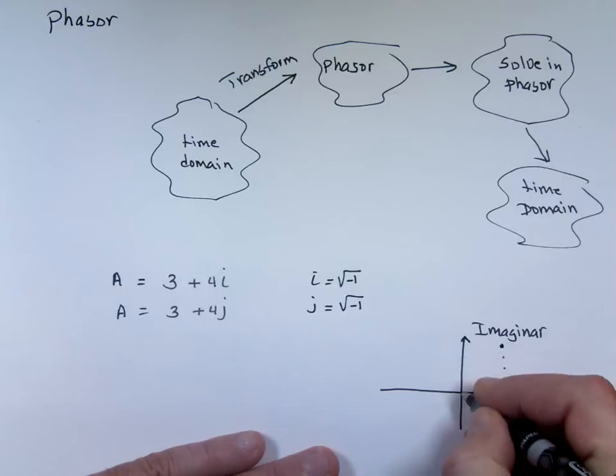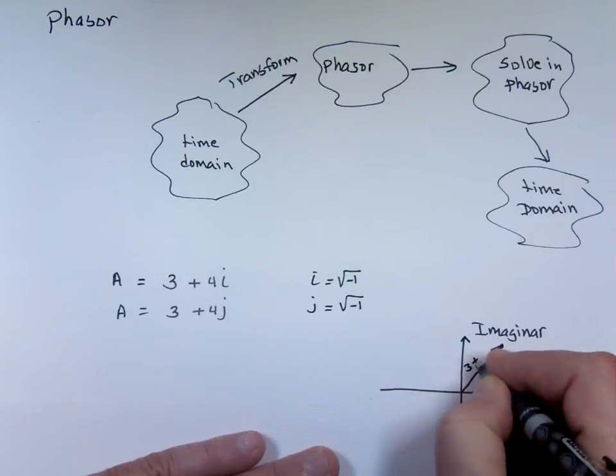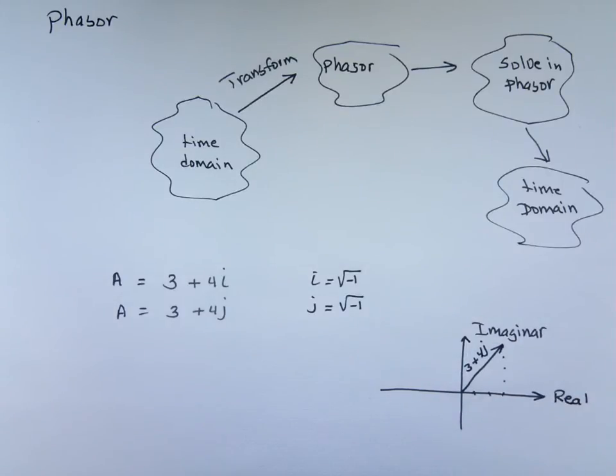So that's what 3 plus 4j is. It's a complex number that has a real portion and an imaginary portion. And the question is, how do we add, subtract, divide, and multiply complex numbers? Add, divide, subtract, multiply. So let's see.